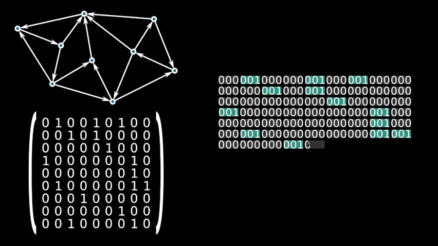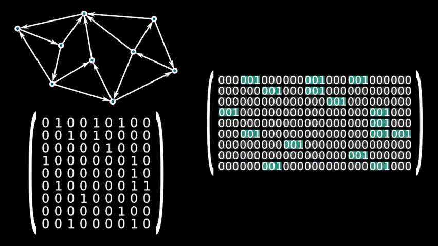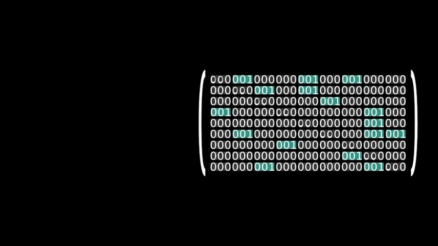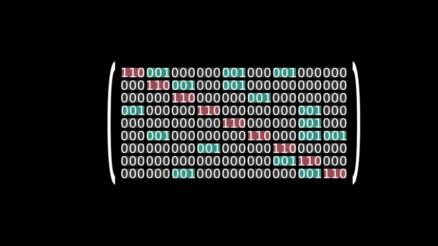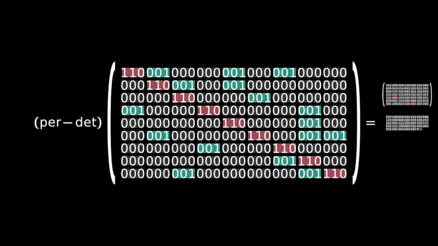Let's take 10 steps back and try to get some kind of overview of the entire algorithm. Begin with the graph's adjacency matrix and translate that into the finite field. Then put a field element in the diagonal and compute the permanent minus determinant of the resulting matrix. This computation happens in a different algebraic structure, in the ring, allowing us to mimic Valiant's algorithm.